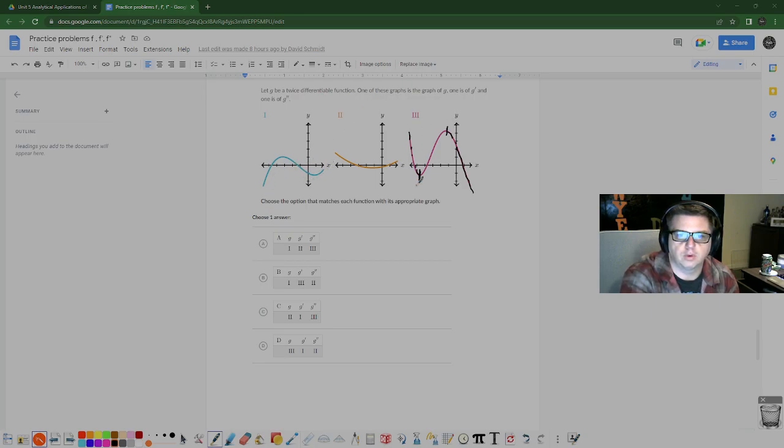Okay, so 3 is the original function, and then 1 is the derivative. And then if we talk about concavity, concave up till we get to here, and then concave down till we get to here, maybe, and then switch back to concave up. So yeah, I could see that. 3, 1, 2.